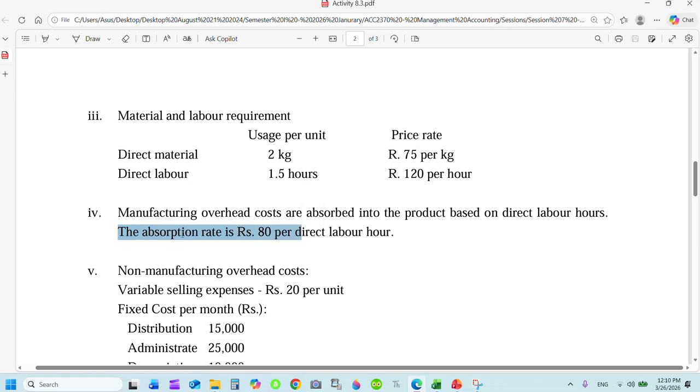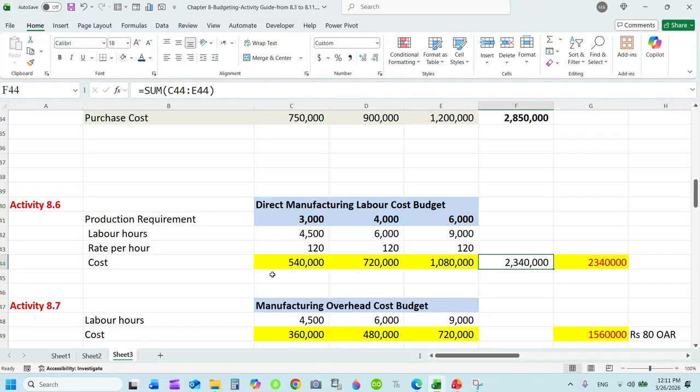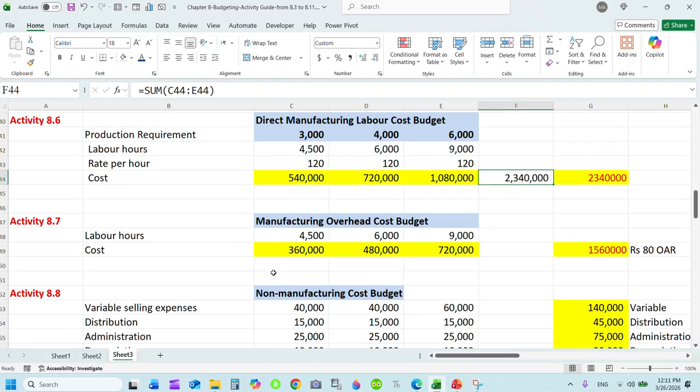So accordingly, my overhead absorption rate is 80, and accordingly we can decide the manufacturing overhead cost budget, using the overhead absorption rate.